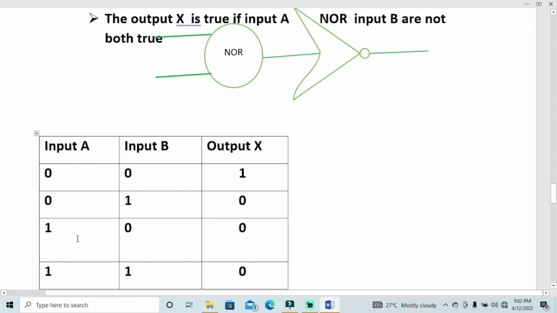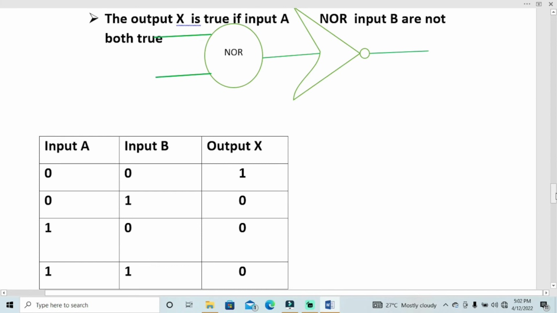Here we have A as true and B as not true, which gives us an output that is not true. Here they are both true, and we need neither of them to be true in order to have output X as true. So we just have output X not being true, which means it's a 0.